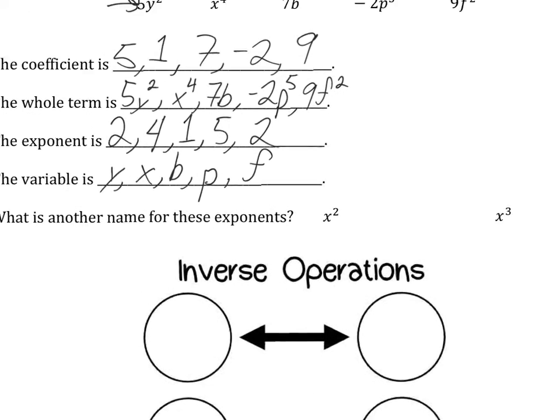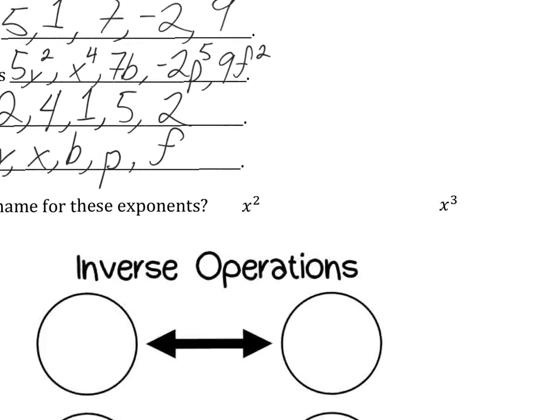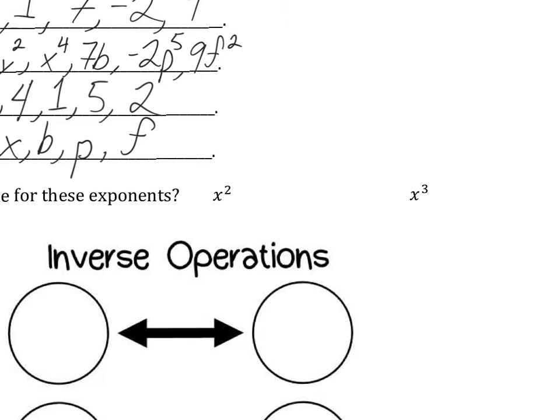Okay, now these are exponents that we see most often. What is another word for x to the second? It's just one word. It is squared. So if you see anything x to the second, it is squared.